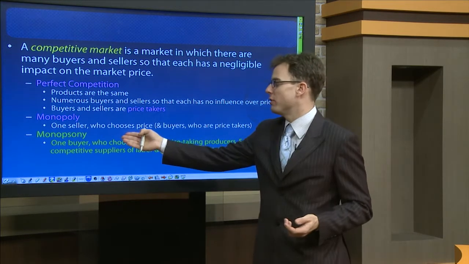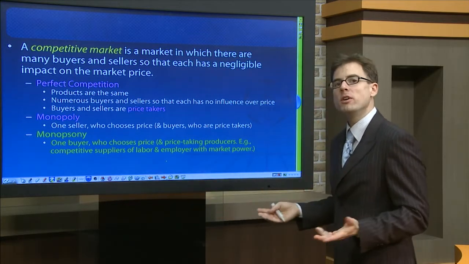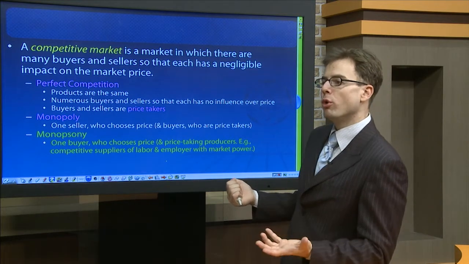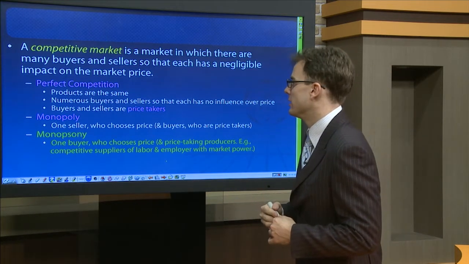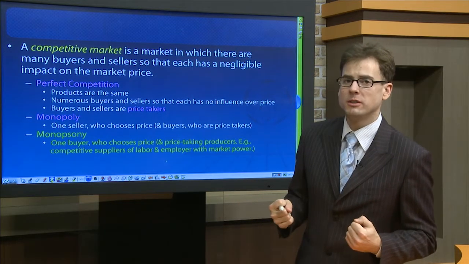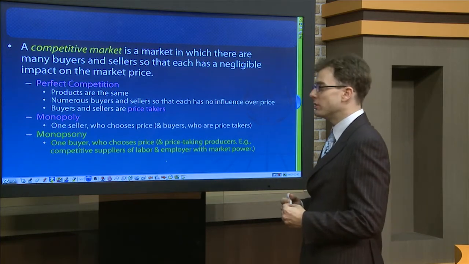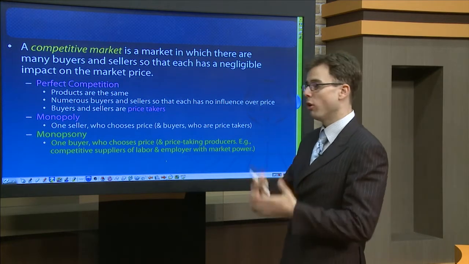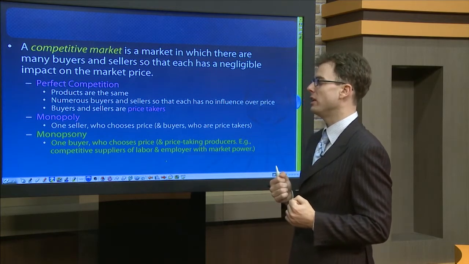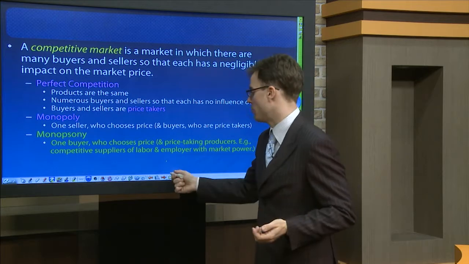The example of this kind of market would be a labor market in a small town where there is a single employer. And remember that an employer is a consumer of labor of individual workers. So if the company is facing a large number of workers, but all the workers want to get a job at this particular company, this company would have a market power. We would say a monopsony power.